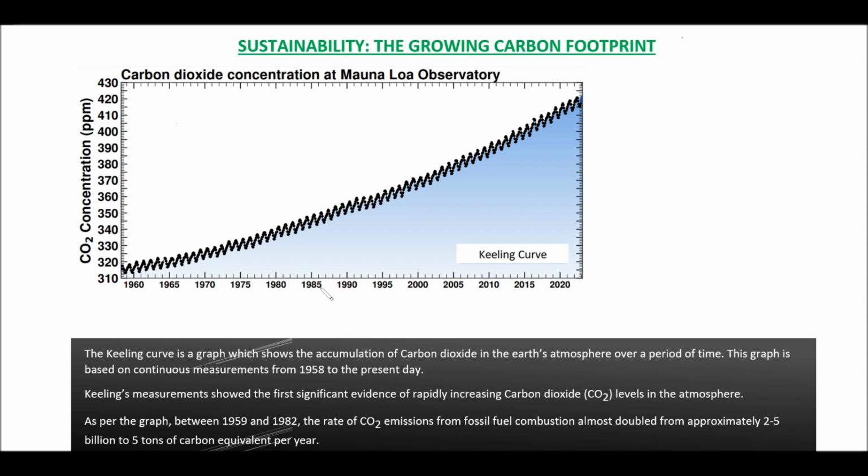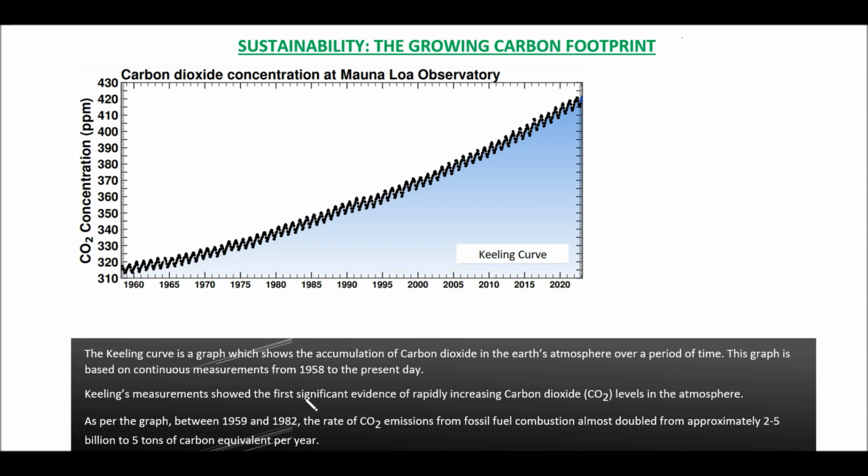So as you can see, on the x-axis we have the time period, and on the y-axis we have the CO2 concentration. This graph is based on continuous measurements from 1958 to the present day. The curve is named after the scientist Charles David Keeling, who started the monitoring program.